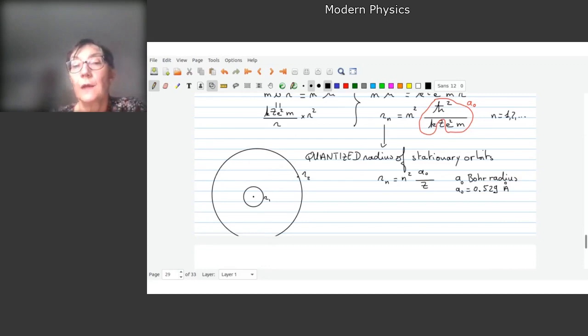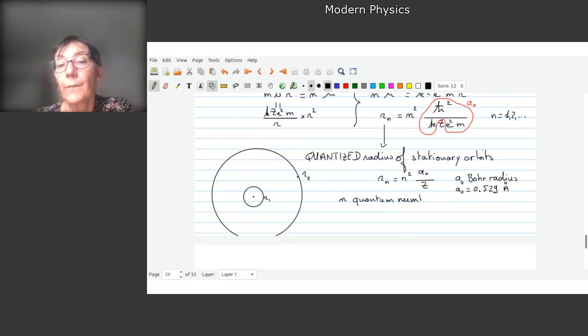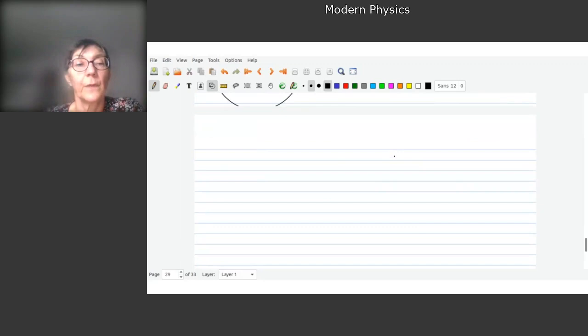And for n equal to 3, you would have 9. So as you increase the quantum number n, which is called the principal quantum number, you increase the radius of the orbit as a function of n square.